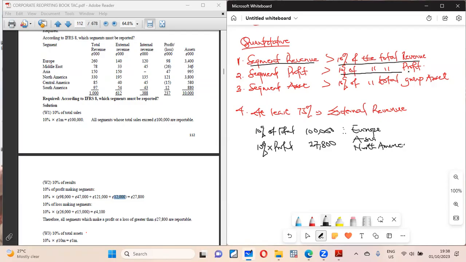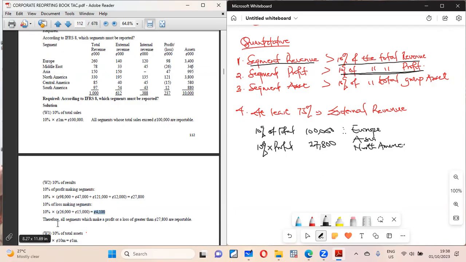We are looking for 10% of the total profit. It's profit, not total profit or loss. 10% of the segment profit. So loss is not an issue for us to consider. We will treat the loss-making segments separately. This is the loss-making segment. You combine that to get the loss.